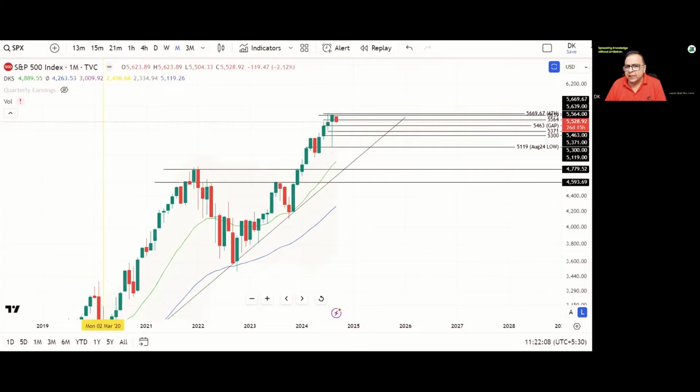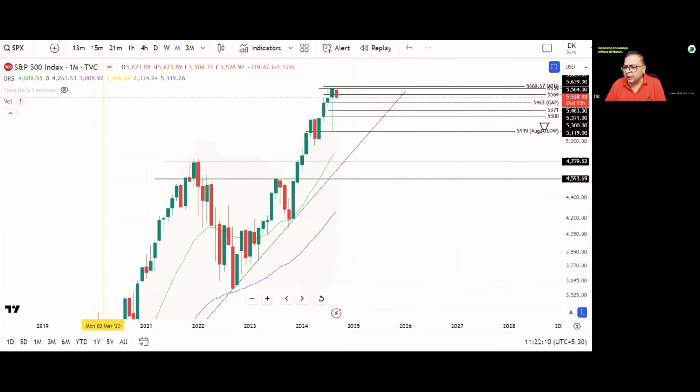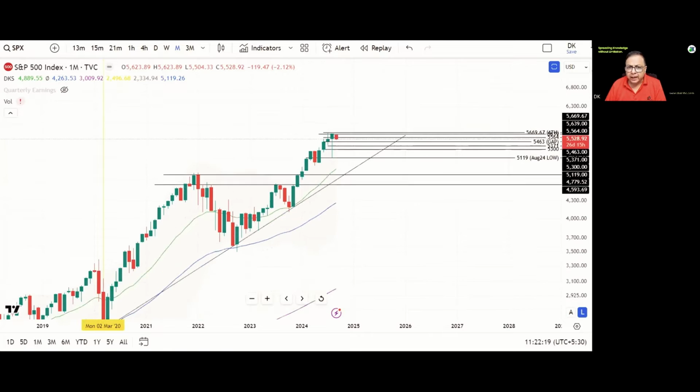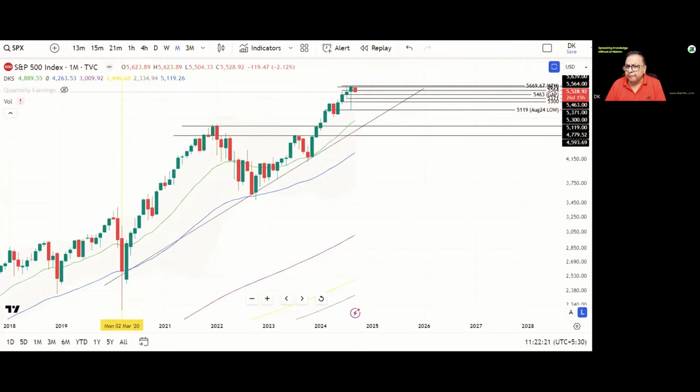If we see the broader level, I have already marked August 2024 low is 5,190. So this is very important. If you look at this broader trend line, this trend line is indicating the dynamic support. Price has taken support multiple times on this trend line, and this trend line is very important and significant because it is valid since the low the market made in the bear market of 2020.